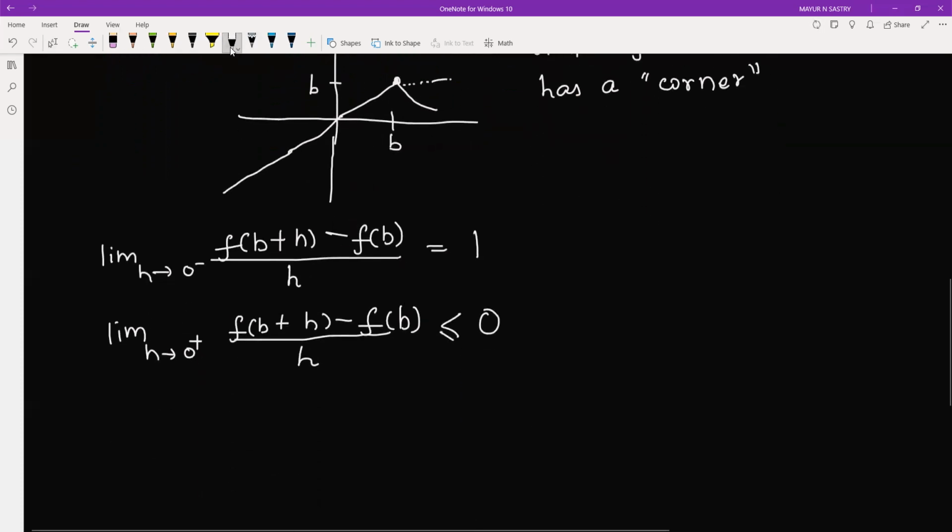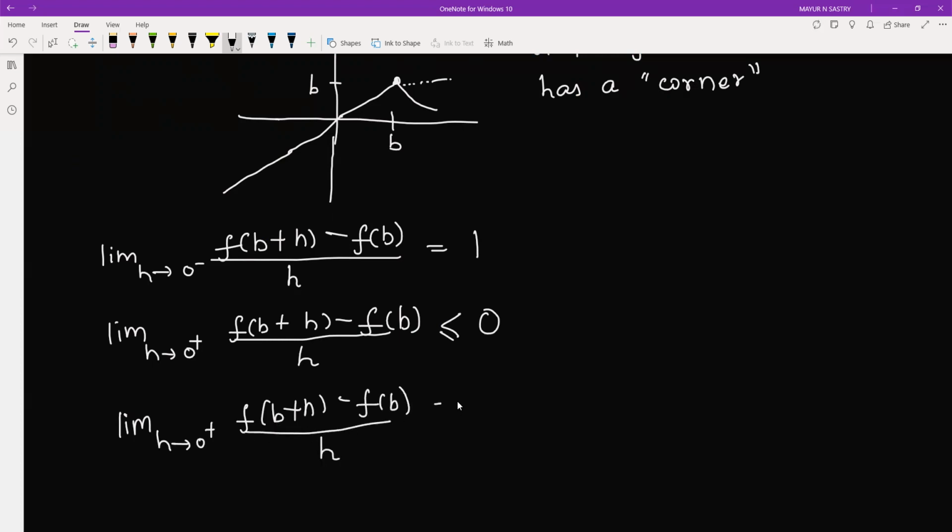So since the left hand limit and right hand limit are clearly not equal, we can say that the limit as h goes to 0 plus of (f of b plus h minus f of b) by h is not equal to the limit as h goes to 0 minus of (f of b plus h minus f of b) by h.